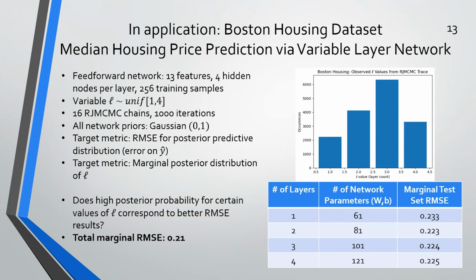And so I thought this would be one interesting look to see if we get some better RMSE results based on the number of layers for the neural network. But also, really what's happening here is that because we've specified some uncertainty ahead of time, we've said that we don't really know what the most appropriate network architecture is for this neural network, we can marginalize over all 4 of them and essentially abstract that network design option away from us.